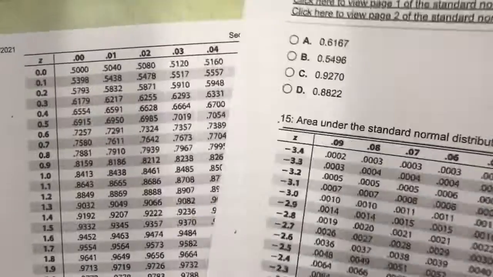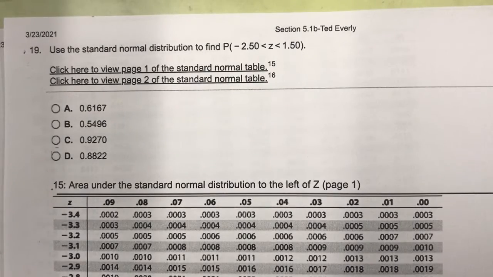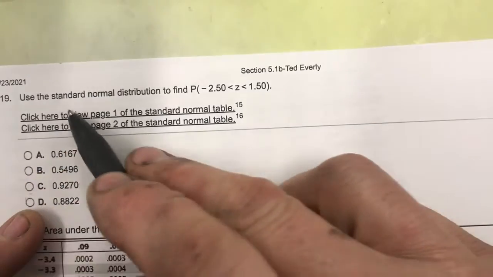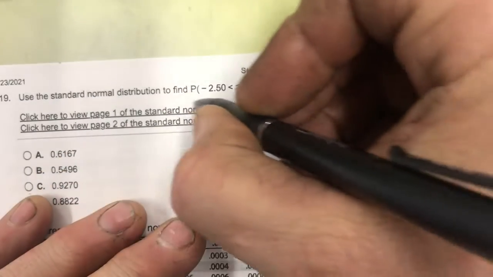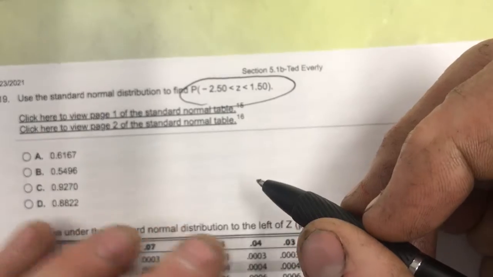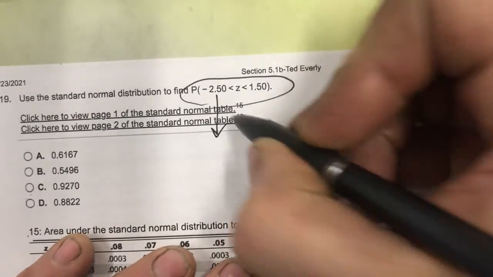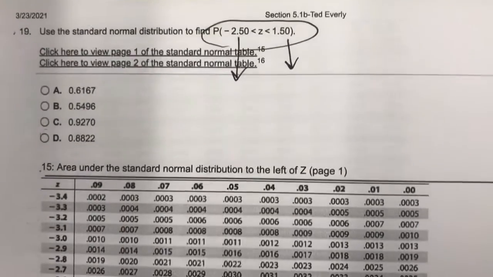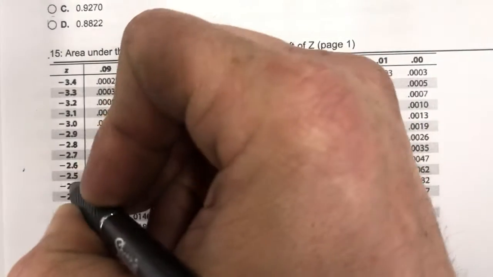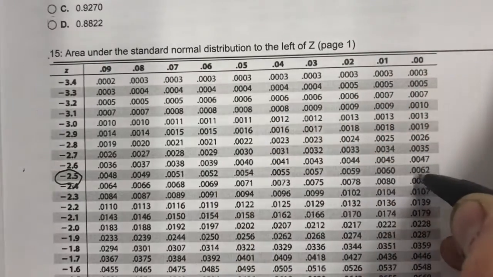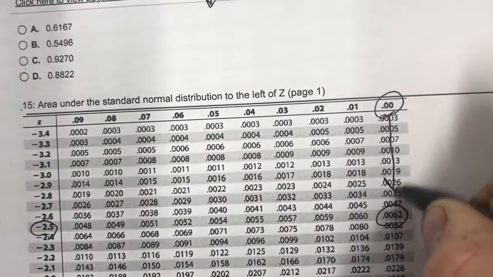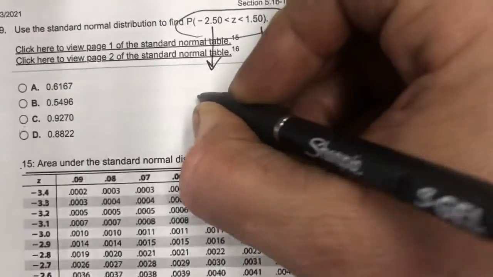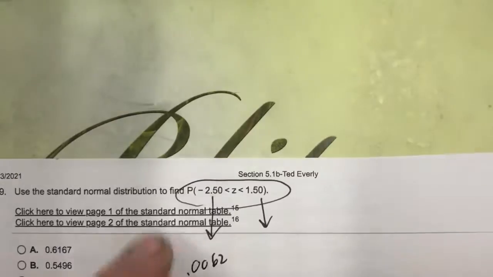All right, I think we got one left. Last one. Use the standard normal distribution to find the probability between these two z-scores. So I look up negative 2.5, look up 1.5, and subtract them. Negative 2.50 is 0.0062.